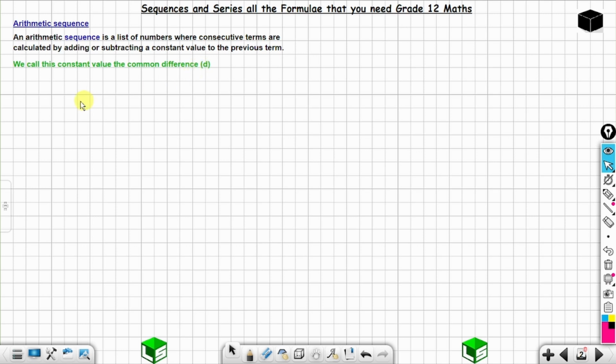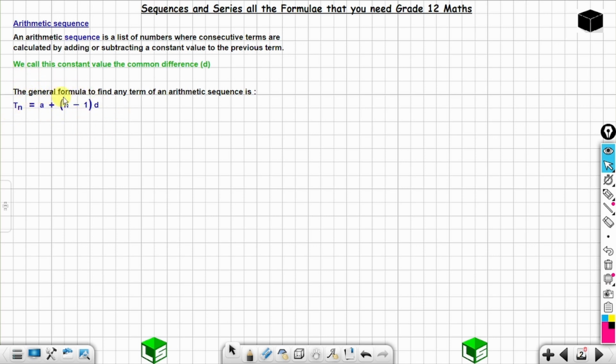The general formula to find any term of an arithmetic sequence is this. To find T1, T2, T3, any term of an arithmetic sequence, we use this formula.